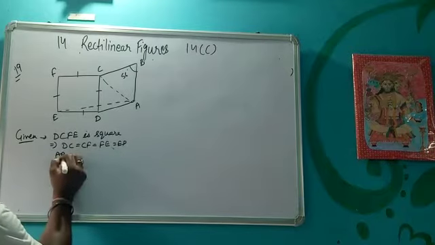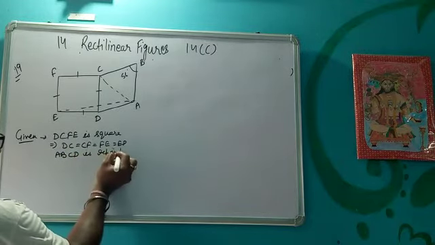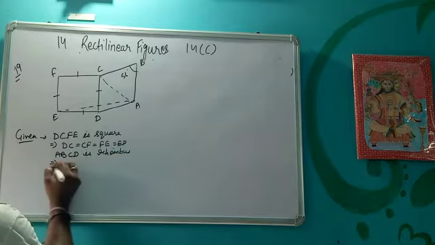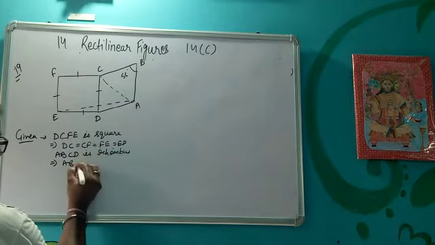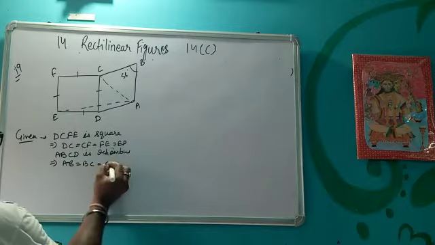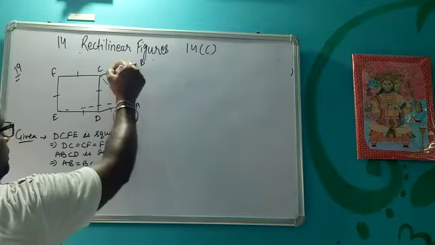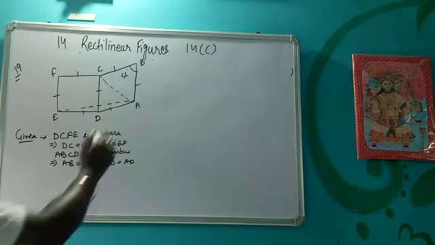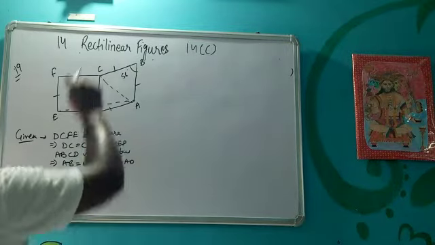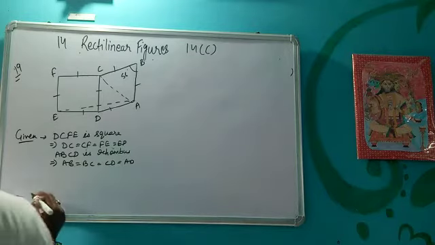And ABCD is a rhombus. That means all the sides, CD equal to AD. So here again all the sides are equal to each other. So we came to know that all the sides of this whole polygon are equal to each other.